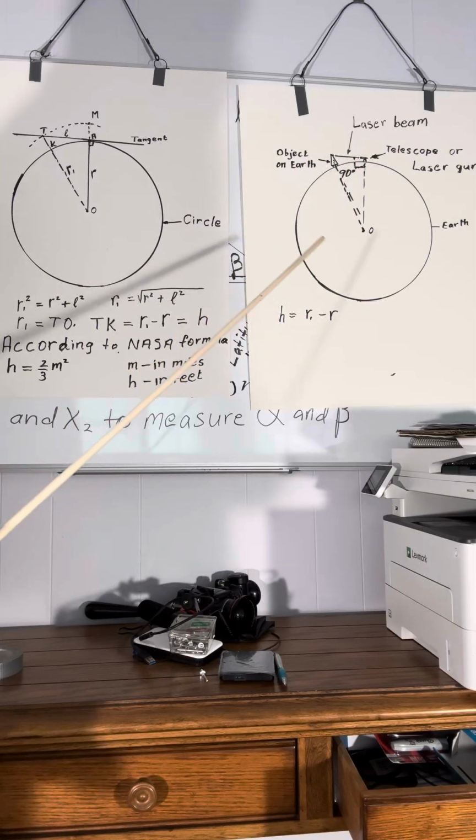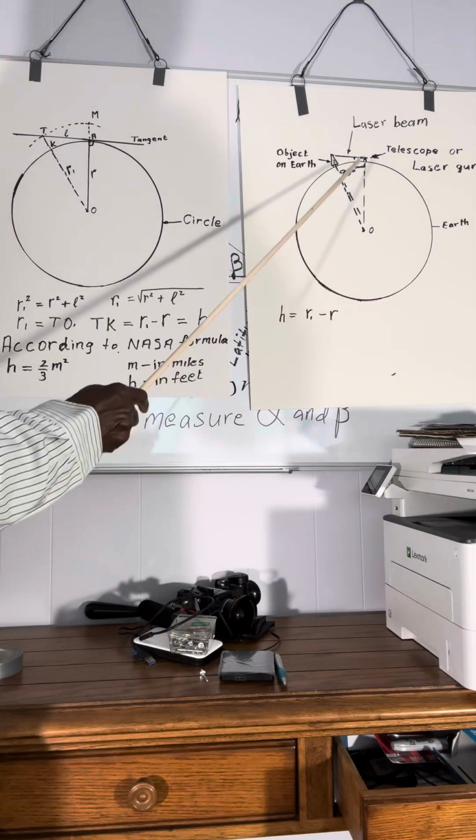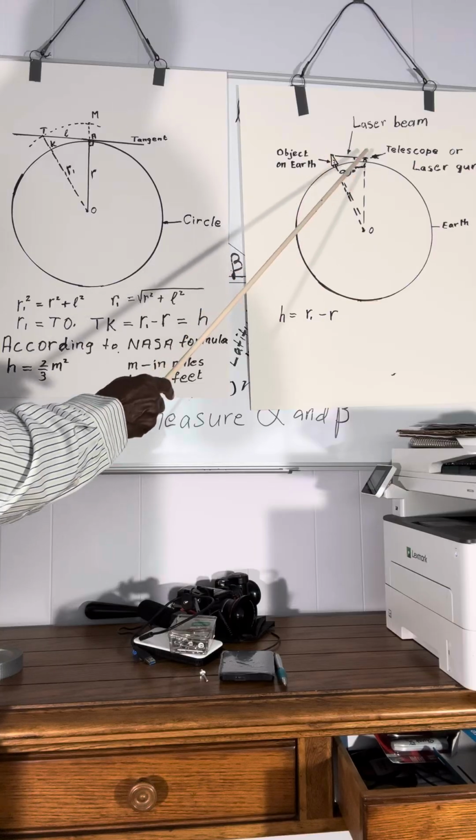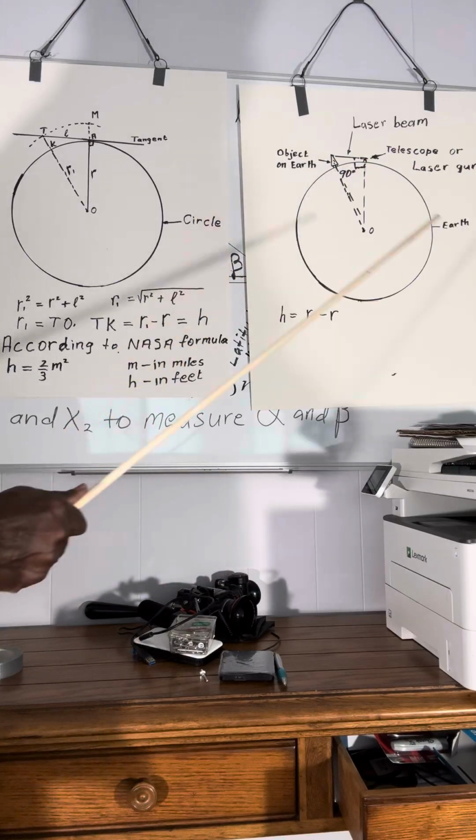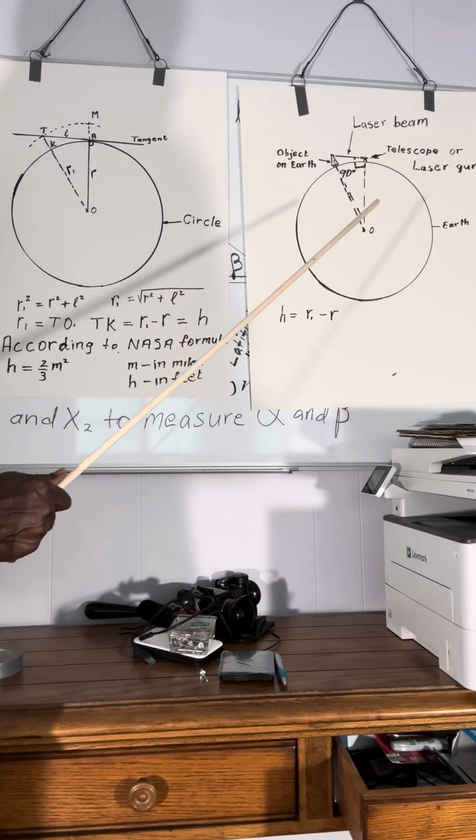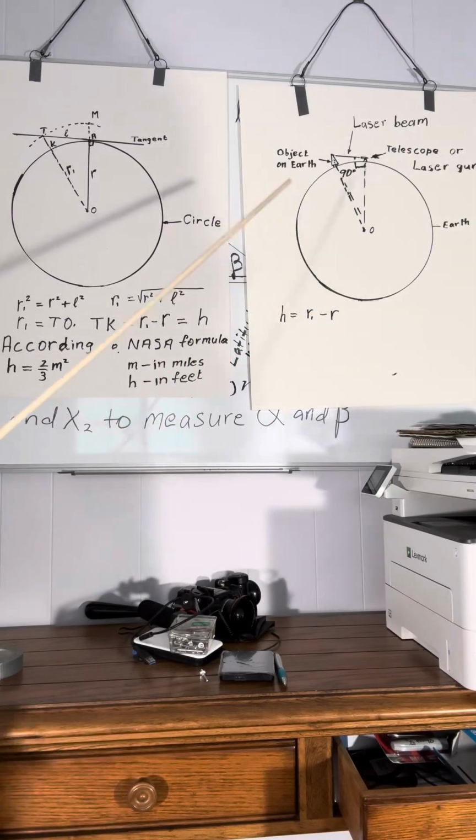If they are the same, the earth is flat. If this one is higher than this, the earth is a globe, or a convex, we call it.